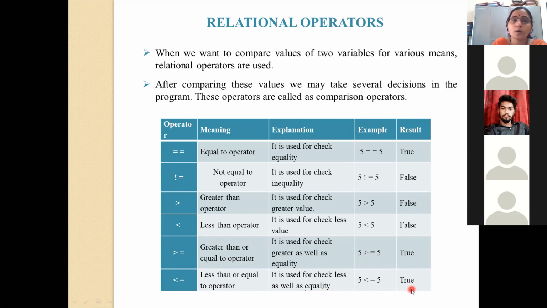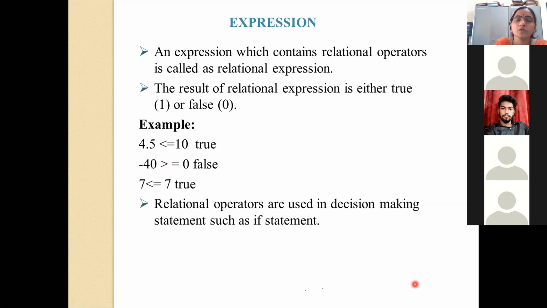So this is about the relational operators. Remember that relational operators are called comparison operators, and generally for comparing values we use the concept of relational operators. Before going to the next category, again, what do you mean by a relational expression?